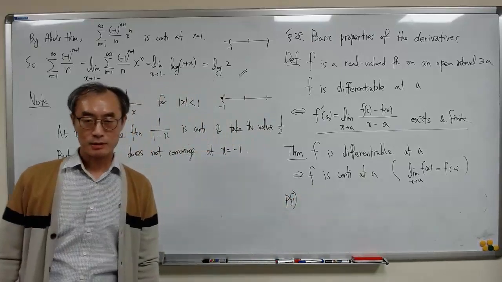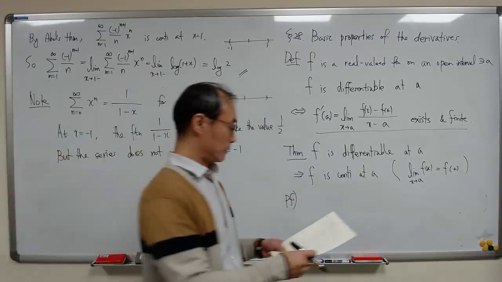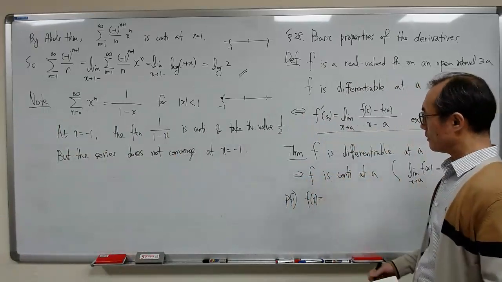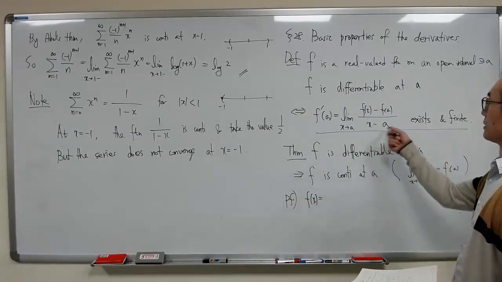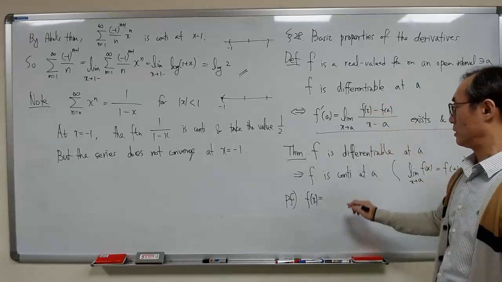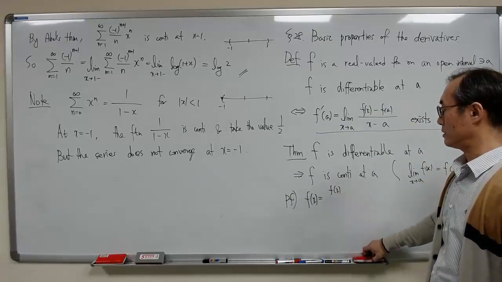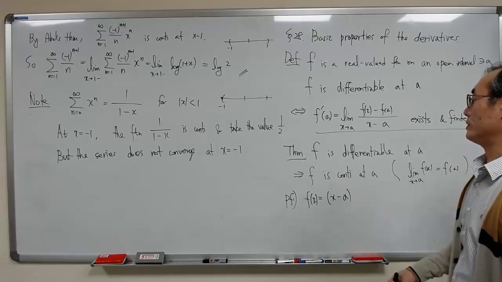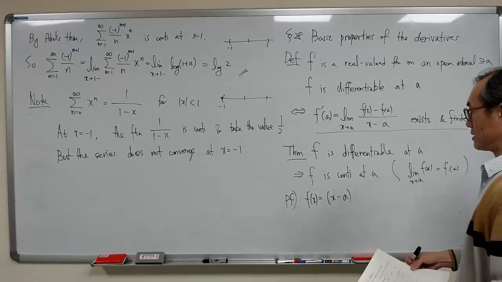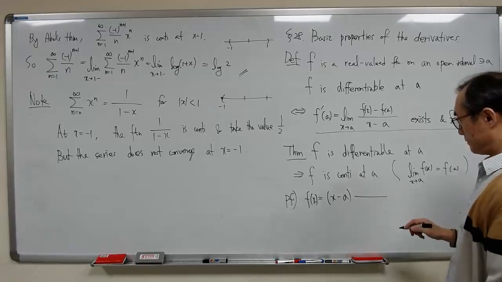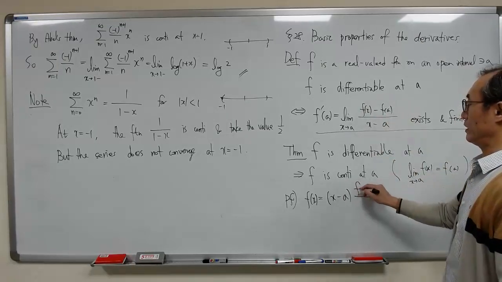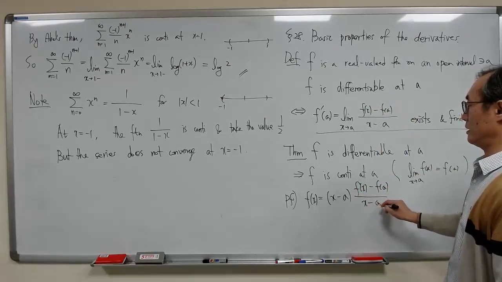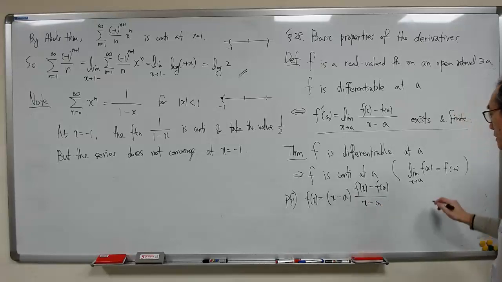Why do you have this implication? The function f of x can be expressed using this quotient. It's better for me to write this one first. You have x minus a, multiplied by this quotient, f of x minus f of a over x minus a.